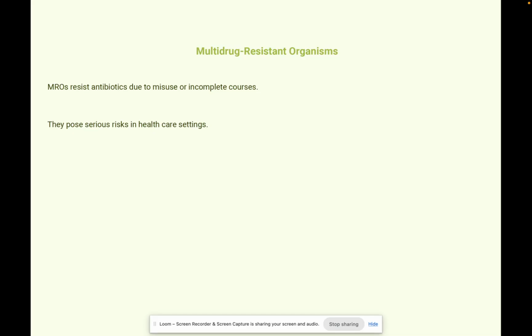The client could spread the virus or the pathogen because he has not fully recovered. It doesn't mean that if the symptoms stop, the pathogen is no longer present in your body. The pathogen might still be present. That's why you need to really follow the medication protocol that the doctor has given the client.